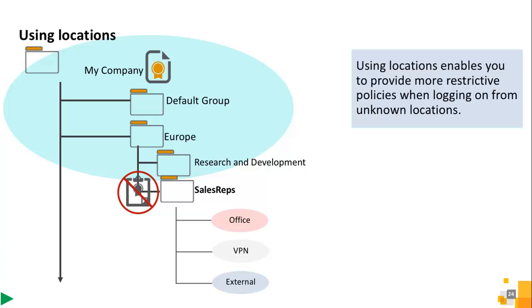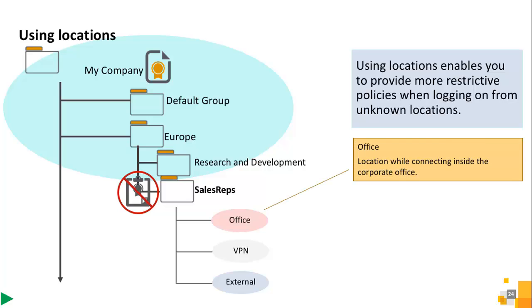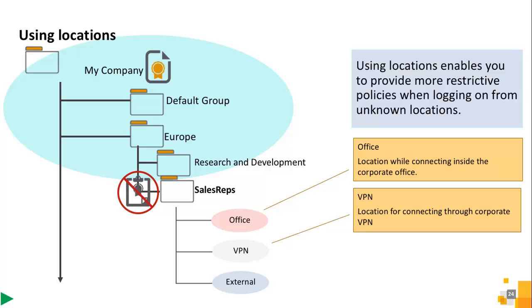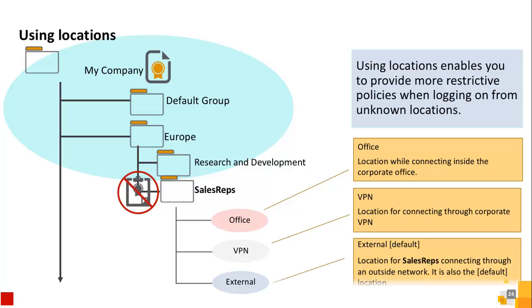This slide shows that the default location is used for all groups below the My Company group, and each group shares the same policy. However, 3 new locations exist for the sales reps group. The office location is assigned when connecting from inside the corporate network. The VPN location is assigned when connecting through a virtual private network, or VPN, and the external location is used when connecting from an outside network, such as a coffee shop.